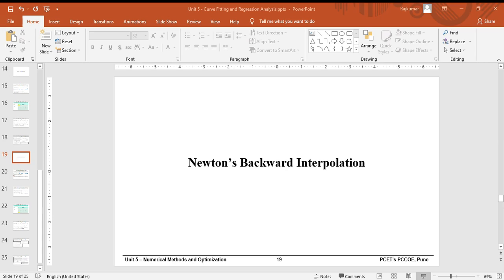First of all, write down the equation, put the values, and you will get the polynomial. Once you get the polynomial, just check which value you need to estimate. Here it is given, find f of minus 1 by 3. So put the values and this is the solution.